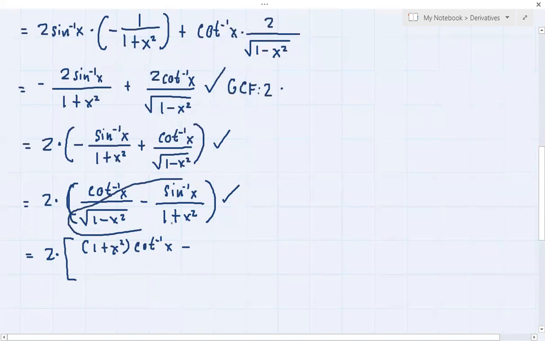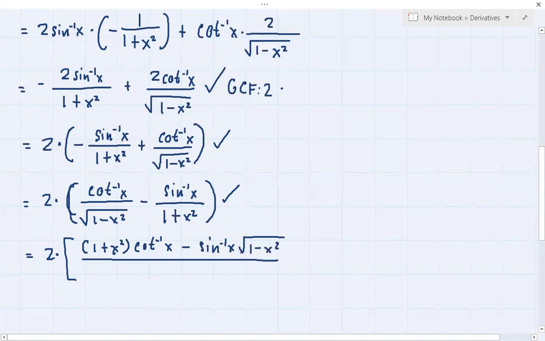Then cross multiply arcsine x and the square root of 1 minus x squared, so it becomes arcsine x times the square root of 1 minus x squared. All over, multiply the two denominators: the quantity 1 plus x squared times the square root of 1 minus x squared. So this can be your final answer.